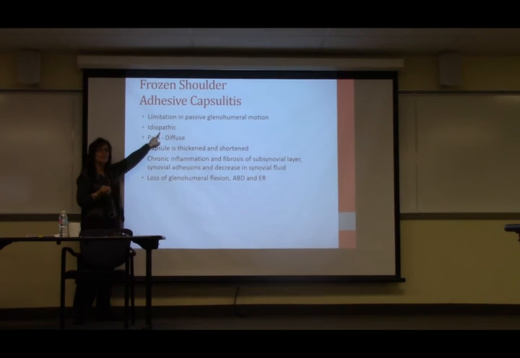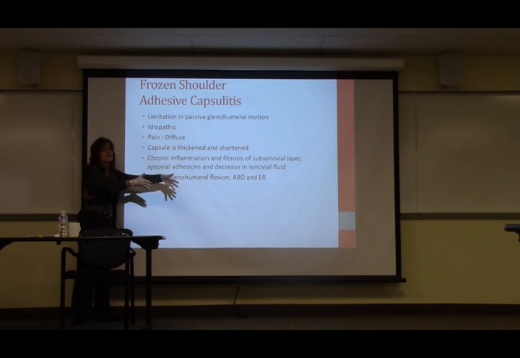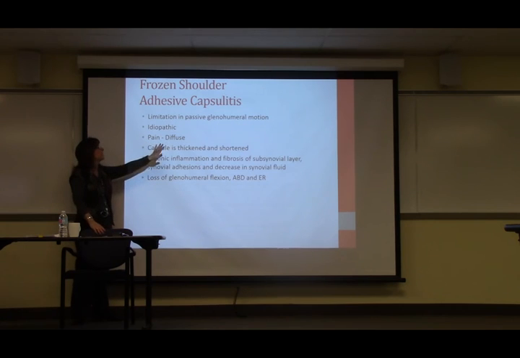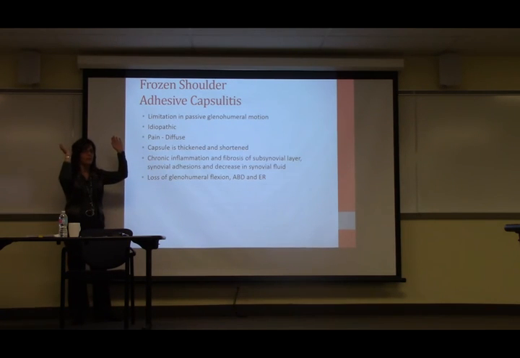It's not usually associated with a neurological issue or a trauma, a fall, a fracture. Those all are stiffness secondary to another problem. This would be idiopathic, just comes out of the blue. All of a sudden, my shoulder starts hurting, so they start moving it less. Comes out of the blue, and then it gets extremely stiff, and they can't do things.